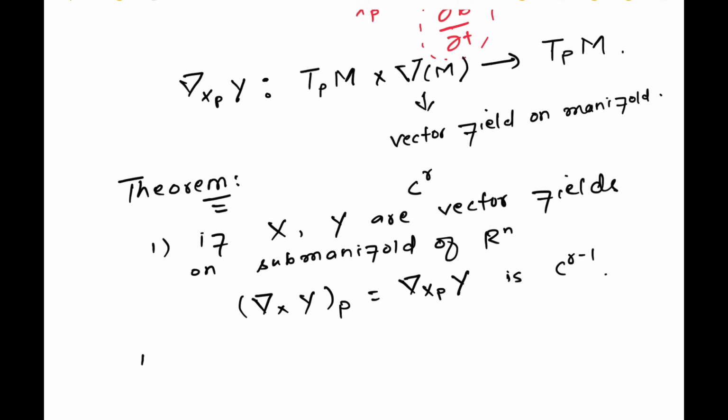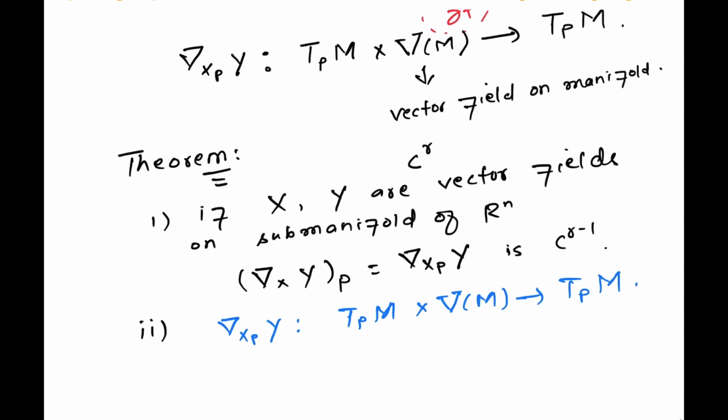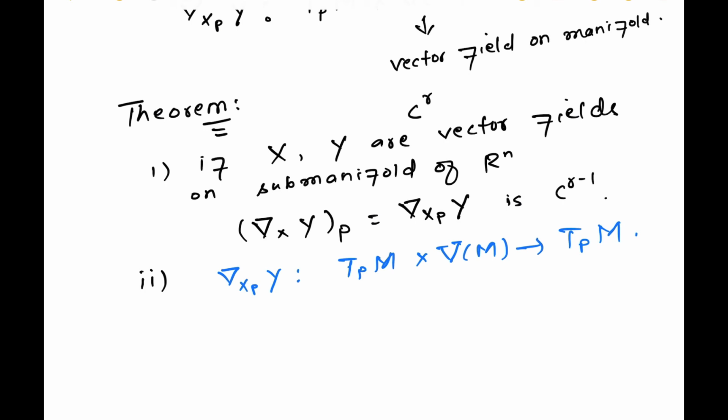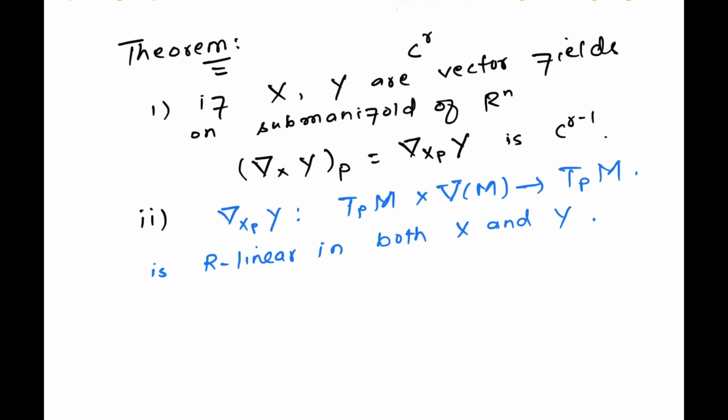The second is that this map del xp y, which is actually from TpM cross vector fields on M to TpM, is linear in both x and y, which means this property, and this is very important.